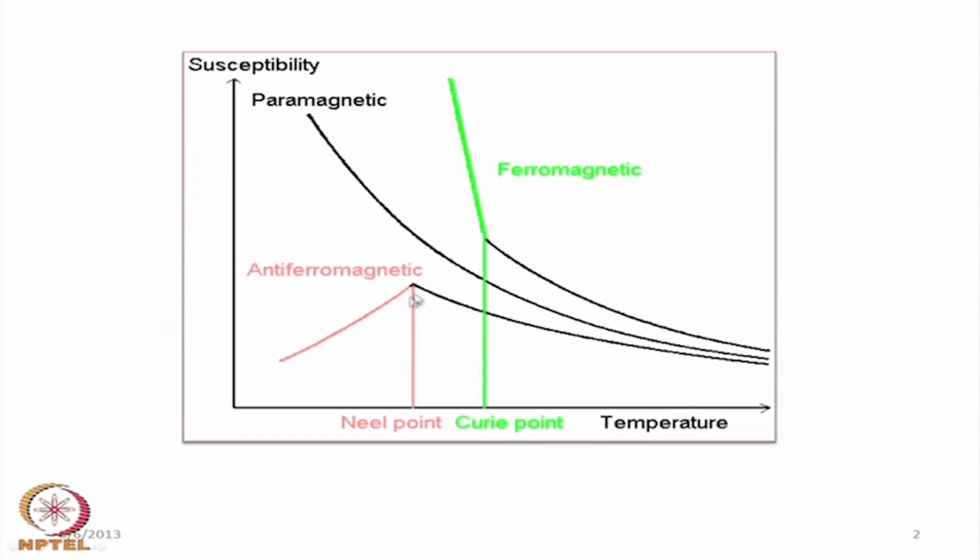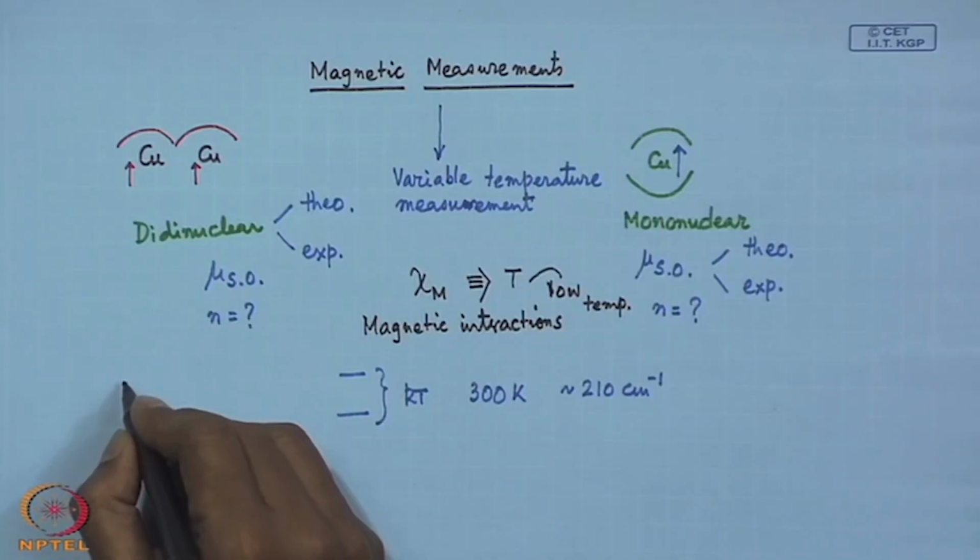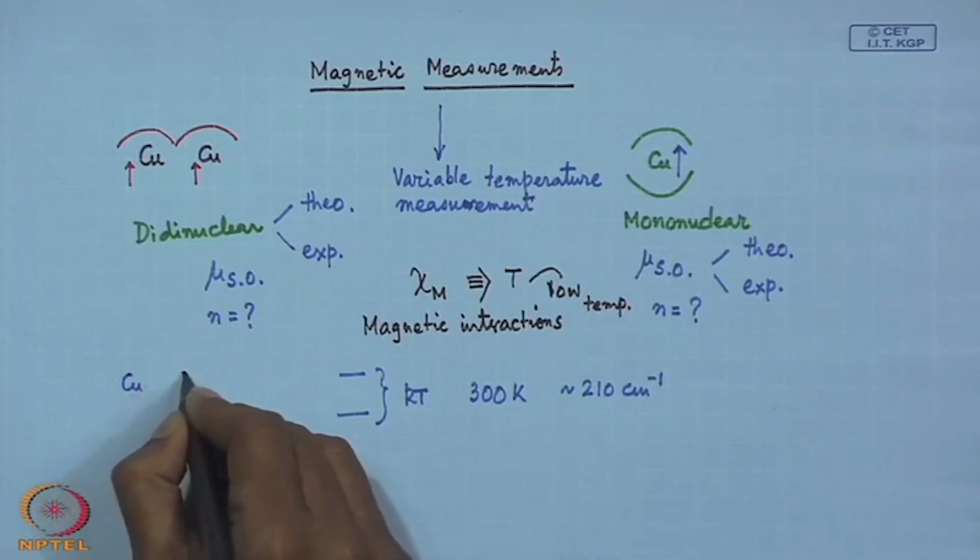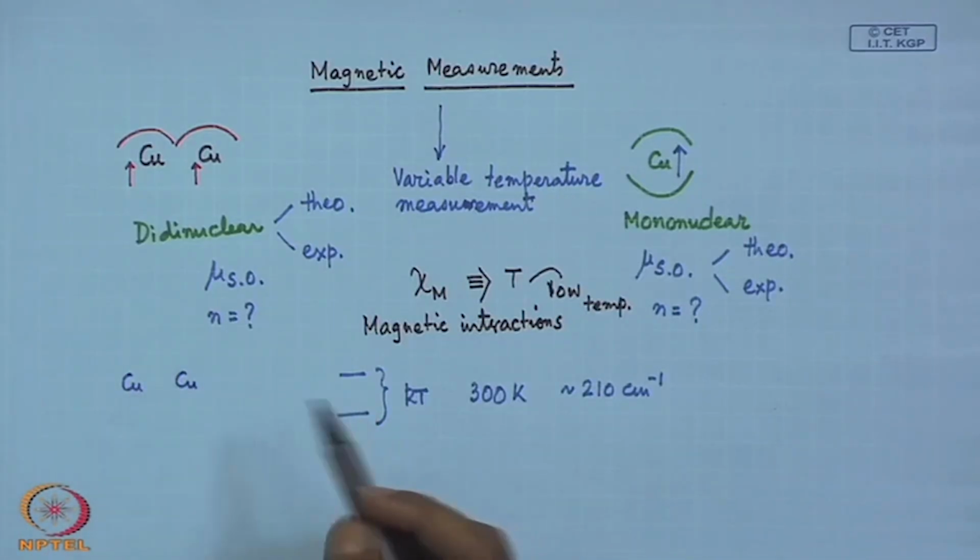But if we find in some other case that an interaction is taking place between two or more centers, the system we can consider as an antiferromagnetic system, that means they are coupled antiferromagnetically. That we have seen in the case of the simple metal salt.